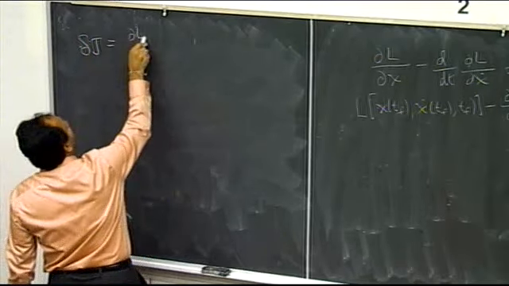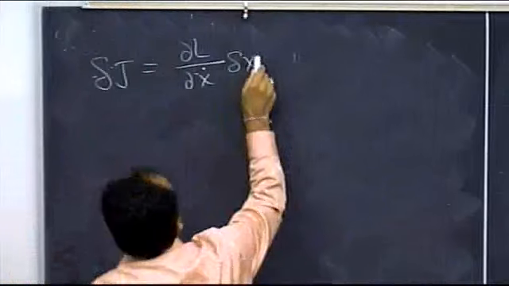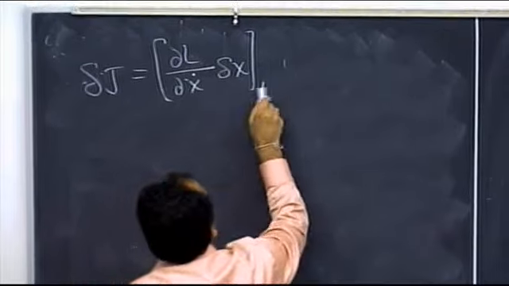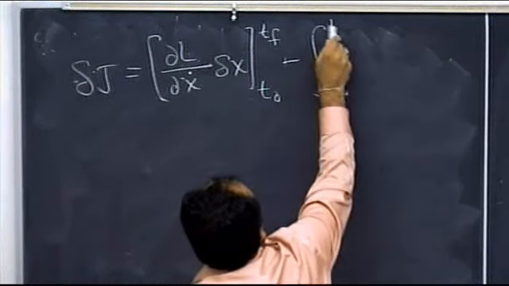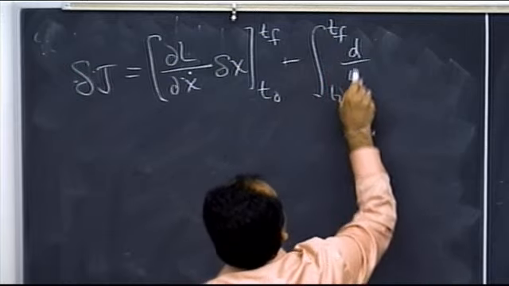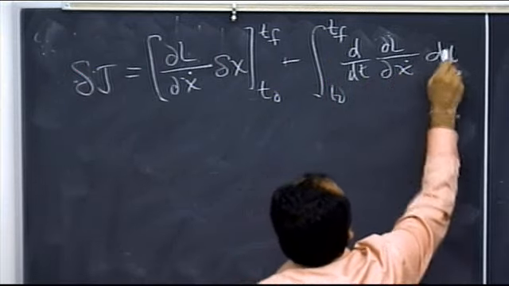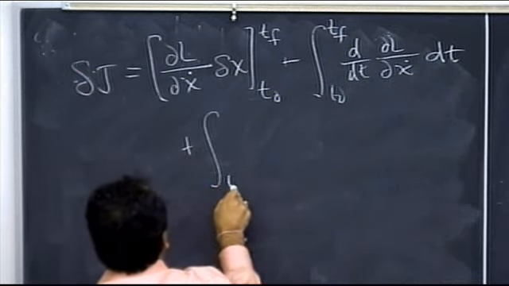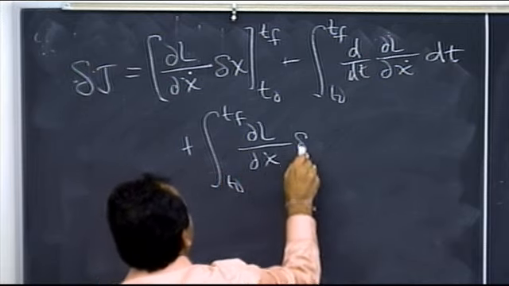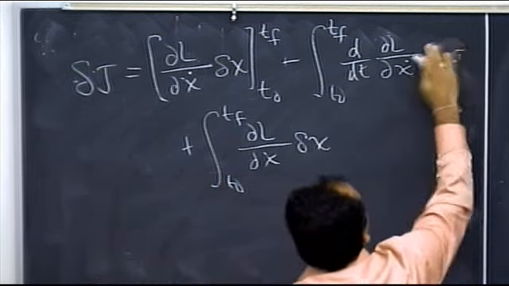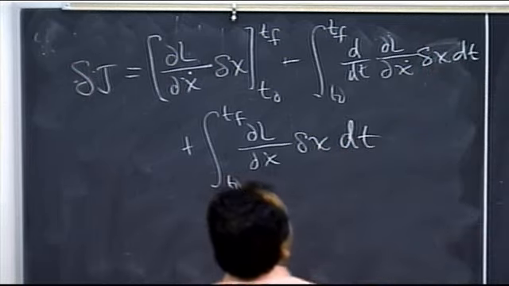I get the partial of L with respect to x dot times the variation in x evaluated at the endpoints, t0 and tf, minus the integral from t0 to tf of d dt of the partial of L with respect to x dot times the variation in x dt, plus the integral from t0 to tf of the partial of L with respect to x times the variation in x dt, right?